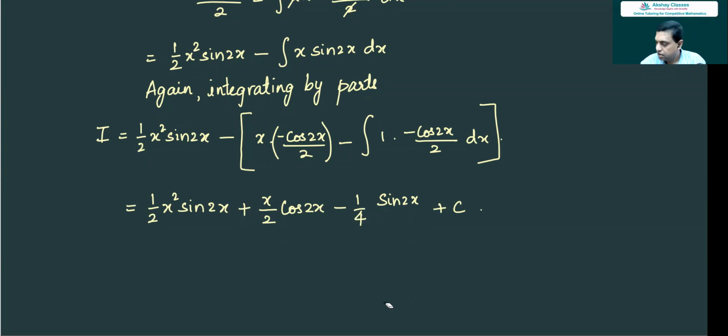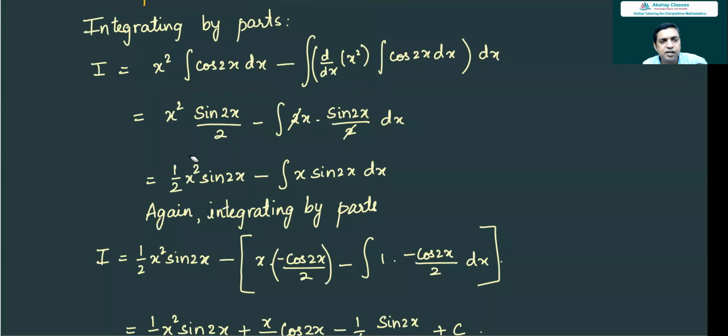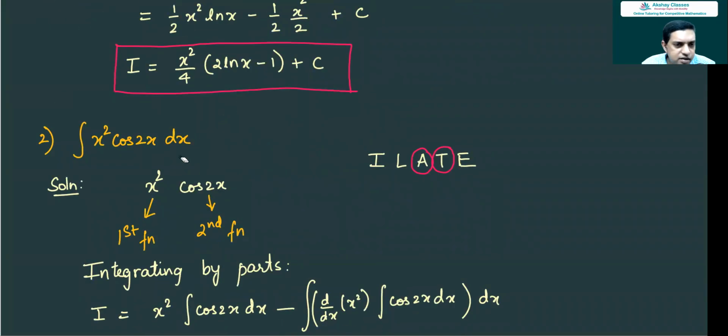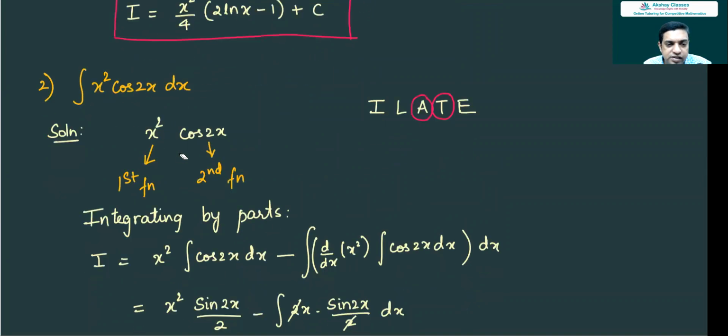So this is integration by parts. So of course you can collect the sine 2x terms and cos 2x terms separately and simplify further. But this is the case where there is integration by parts used twice.